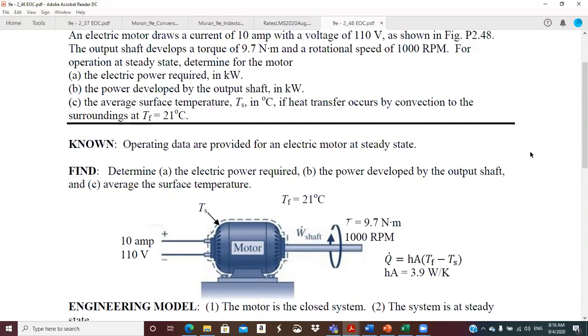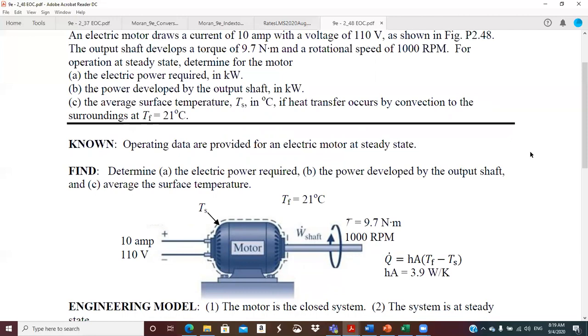The output shaft, or the output power or work from the shaft, is a torque of 9.7 Newton meters, and the rotational speed is 1,000 RPM. So this is pretty common as a way in thermodynamics problems to give you the output power through a shaft, or input power as far as that goes.